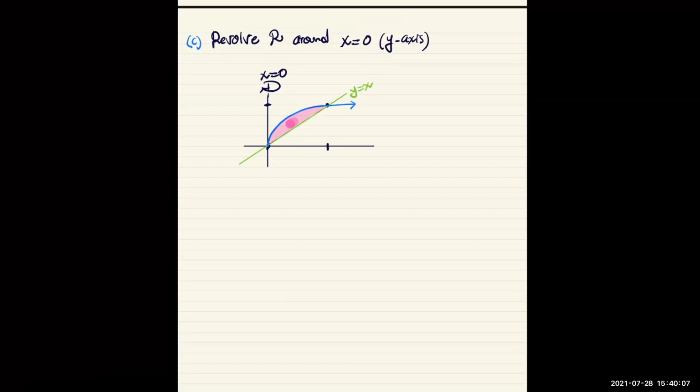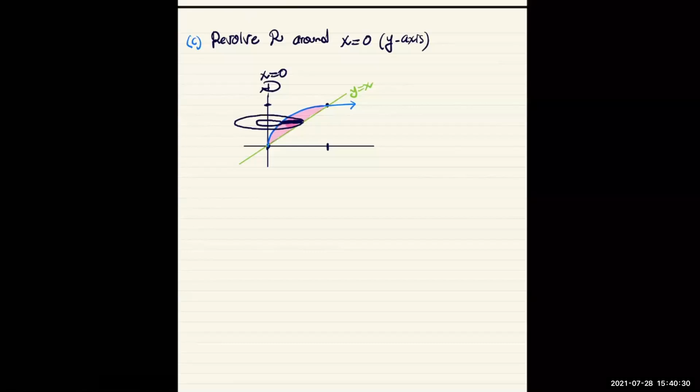So you'll be taking a strip like that and revolving that strip around. Let's do that again. With a hole. That's what it looks like.